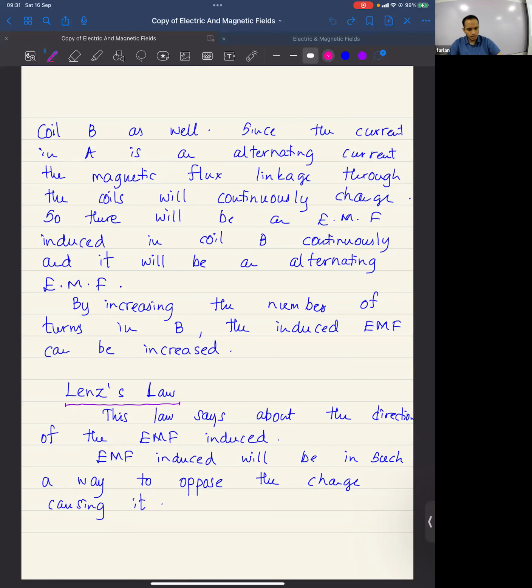EMF induced will be in such a way to oppose the change causing it.